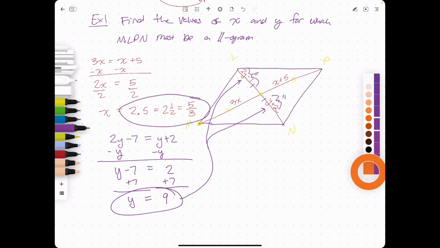Okay, what about the x's? 3 times 2.5 would be what? 7.5. And then 2.5 plus 5 would be 7.5.